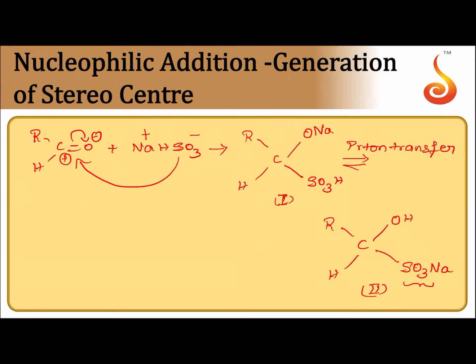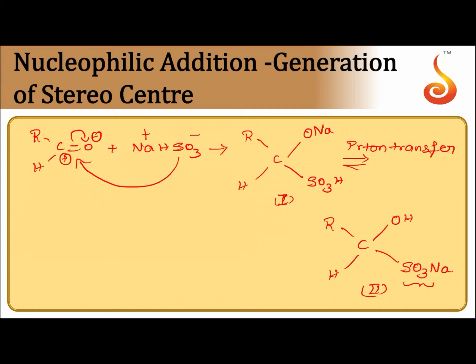Here you are getting a more stable sulfonate ion. The ion is stabilized by resonance. So the proton gets transferred from the sulfonic acid group to oxygen, resulting in the formation of a more stable final product, the sodium bisulfite addition product. So this is the reaction of an aldehyde with sodium bisulfite.